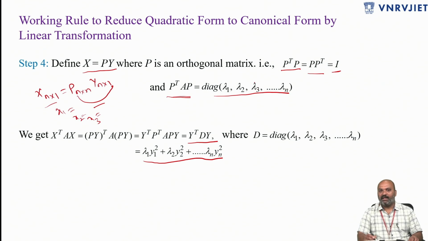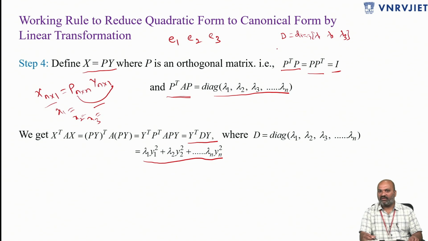But remember, the way you construct the modal matrix P, in that order only you get the corresponding eigenvalues. That means if you consider a 3 variable quadratic form, there exist 3 normalized eigenvectors E1, E2, E3. These correspond to lambda 1, lambda 2, lambda 3. Then you get the diagonal matrix diag(lambda 1, lambda 2, lambda 3) in this order.